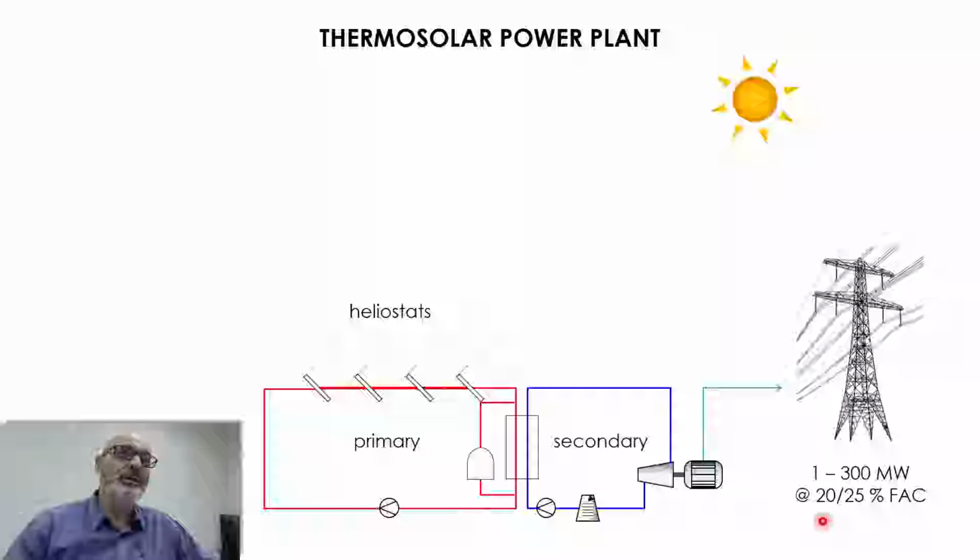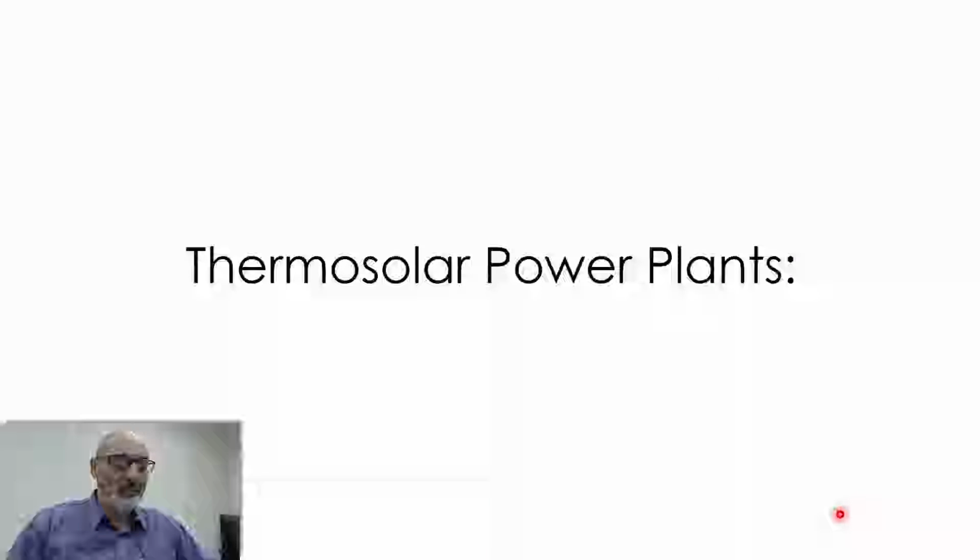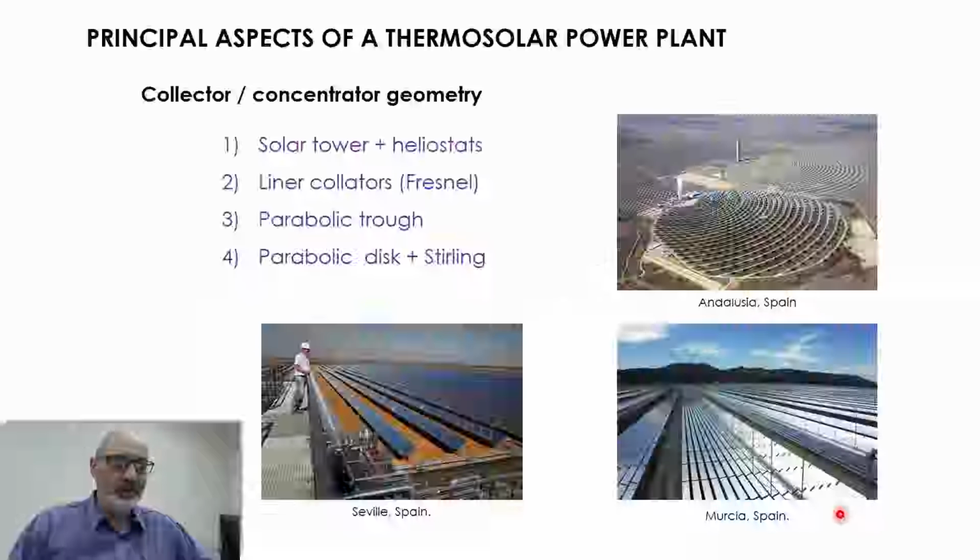For instance, here in Brazil, in Chapada do Araripe, as I already mentioned, you're near the equator, so this is good, we're going to see, but you also have very few clouds in this region, so the capacity factor is high. 20-25% is an average number, just to give you an idea of how low the capacity factor can be.